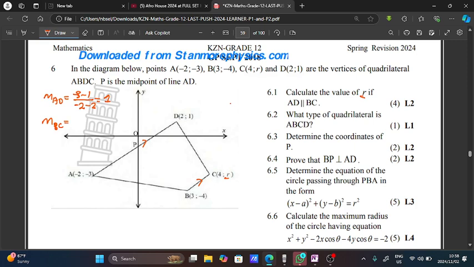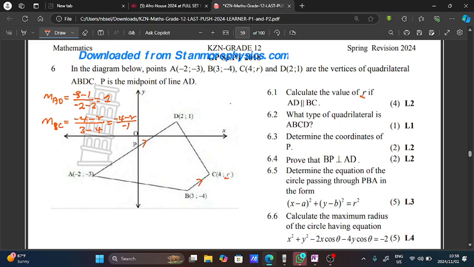You are getting -4 - R over 3 minus 4. So of course this will be -4 minus R over -1.